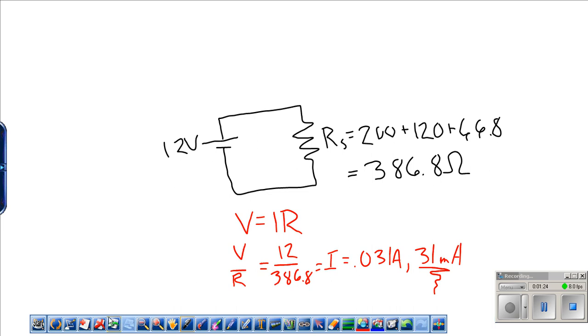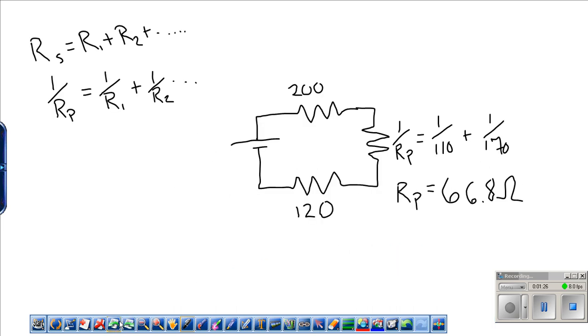Now if we step back one slide, we said that we have 31 milliamps flowing through our circuit. Well, that 31 milliamps is going to have to go through that 200 ohm resistor up there. It's also going to have to go through the 66.8 ohm equivalent resistor and the 120 ohm resistor. It's just like if you're pumping water.